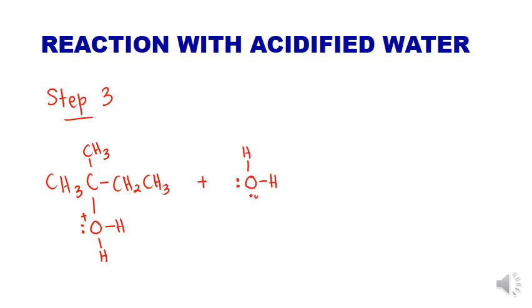So the water will use one of its lone pairs to take one of the protons from the protonated alcohol. Using the lone pair, it removes one of the protons and breaks the bond between the oxygen atom and the hydrogen atom. So now it will produce a product of a stable alcohol.